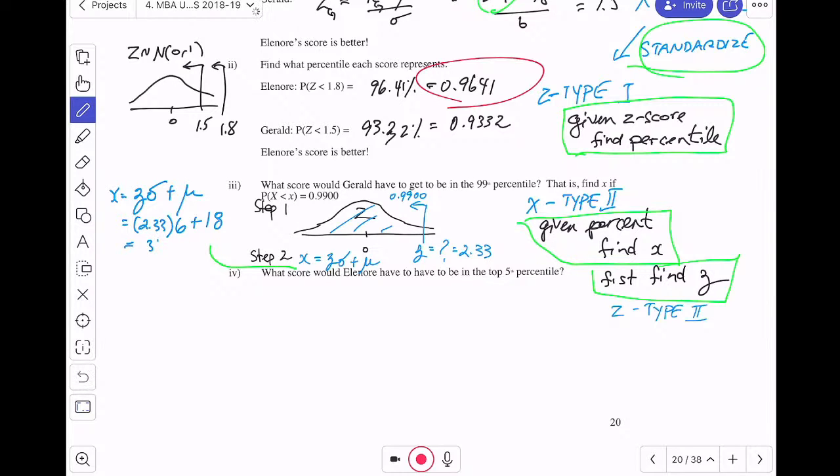And you get 31.98. So that's the answer to step 1, and this is the score on the ACT. That's the final answer.